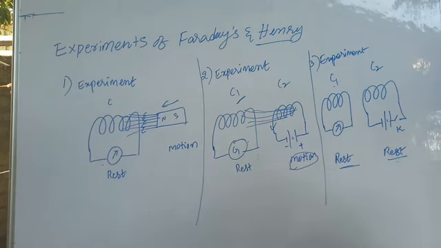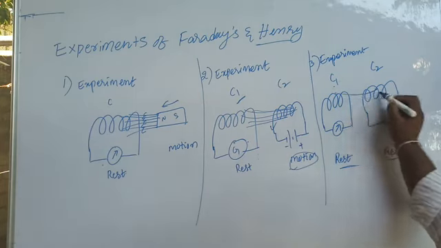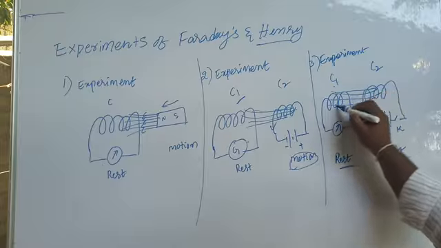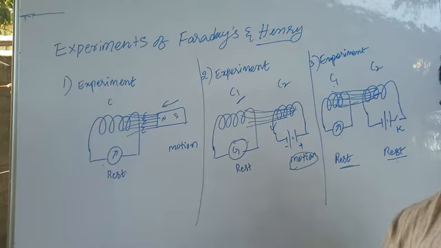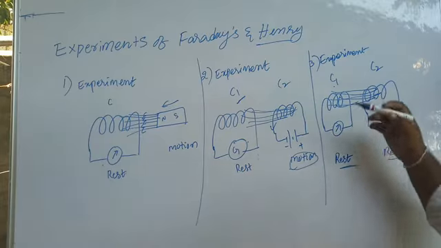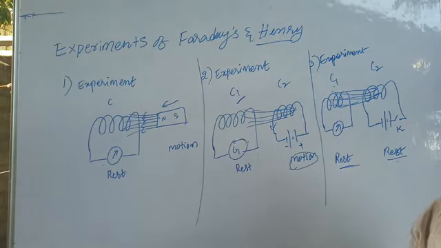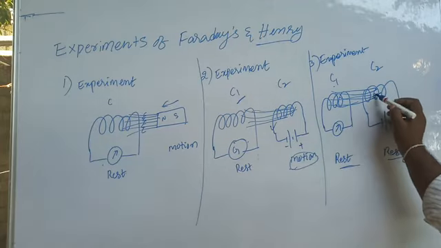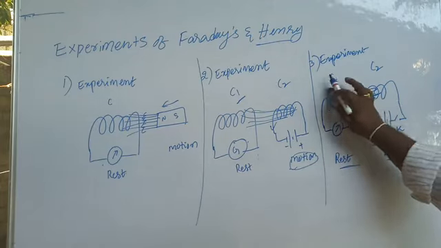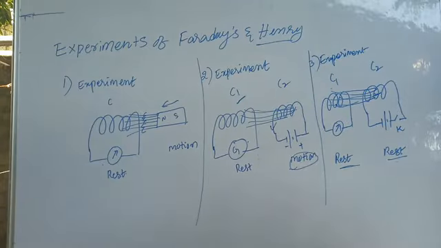By switching continuously, the magnetic flux linked with the other coil will change. On off continuously means the magnetic flux will change, which means the magnetic flux linked with coil 1 changes, and in coil 1 an induced current is developed.